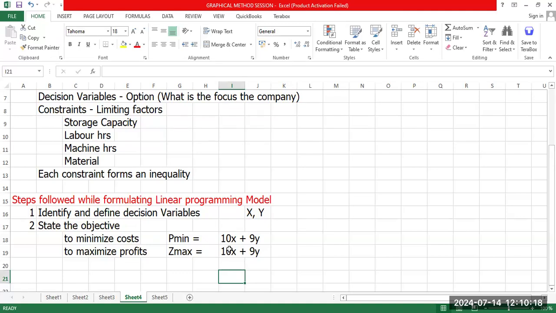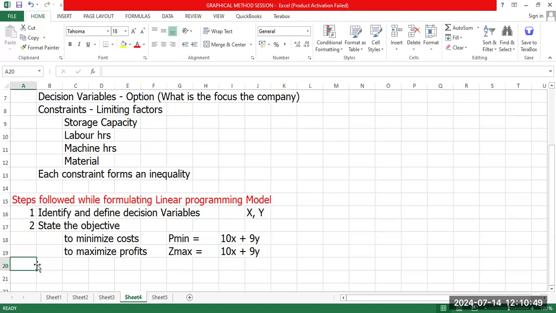Sometimes they don't use profit, they can use contribution, they can use yield. So when you realize that there is no profit in the question, ask yourself, are you given something related to yield? Are you given something related to return? Are you given something related to contribution? That's how you can easily track this.